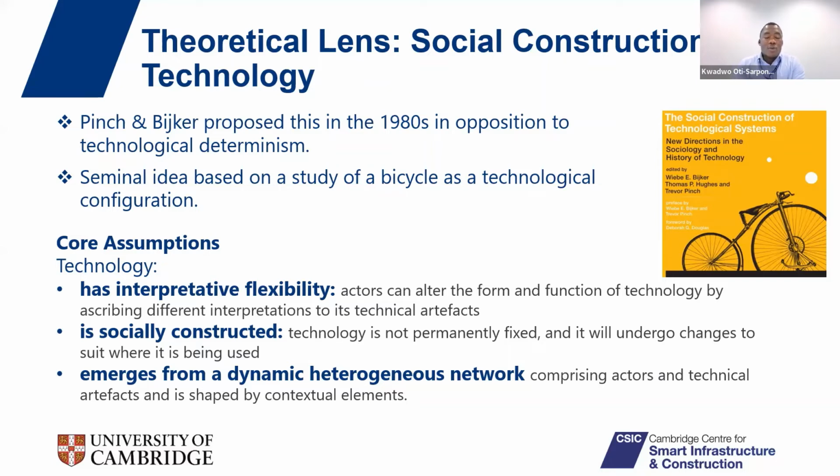The main goal of the proponents, that's Pinch and Bijker, is that if they are able to show the complexity behind something as simple as a bicycle, which most people in Cambridge are very acquainted with, then they are going to be successful at demonstrating that more complex technological configurations have more intricate dynamics behind them.